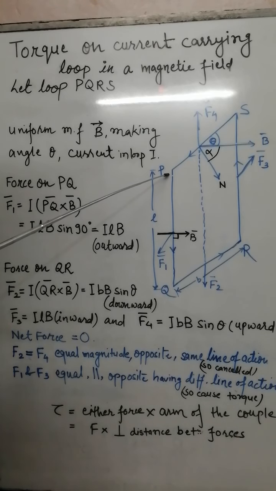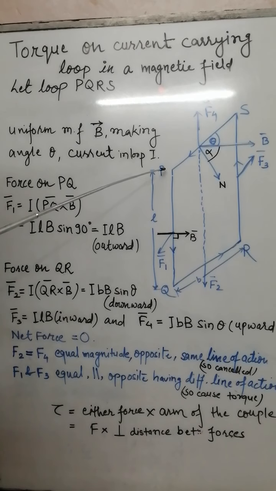So the force experienced by this arm PQ will be F1. F1 will be equal to I PQ cross B, where PQ is the length of this arm, or you can say current element. So it is given by I L B sine 90.